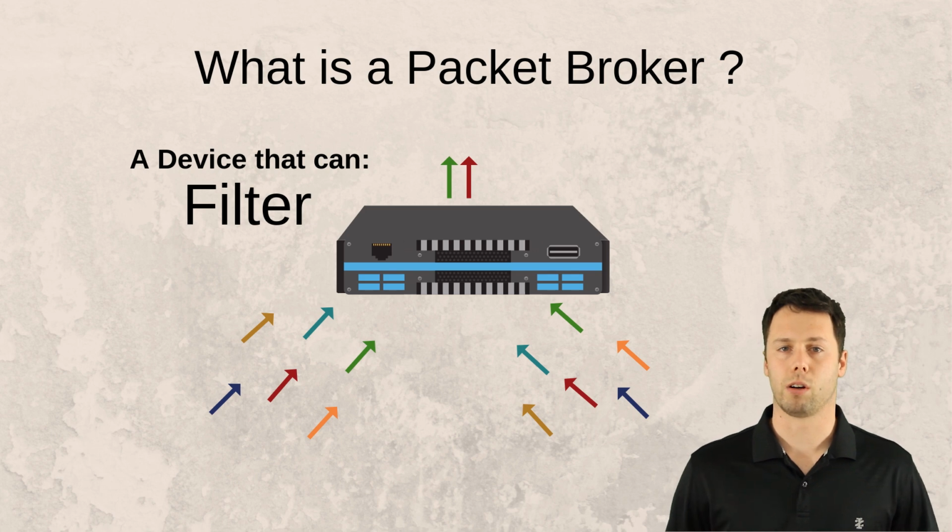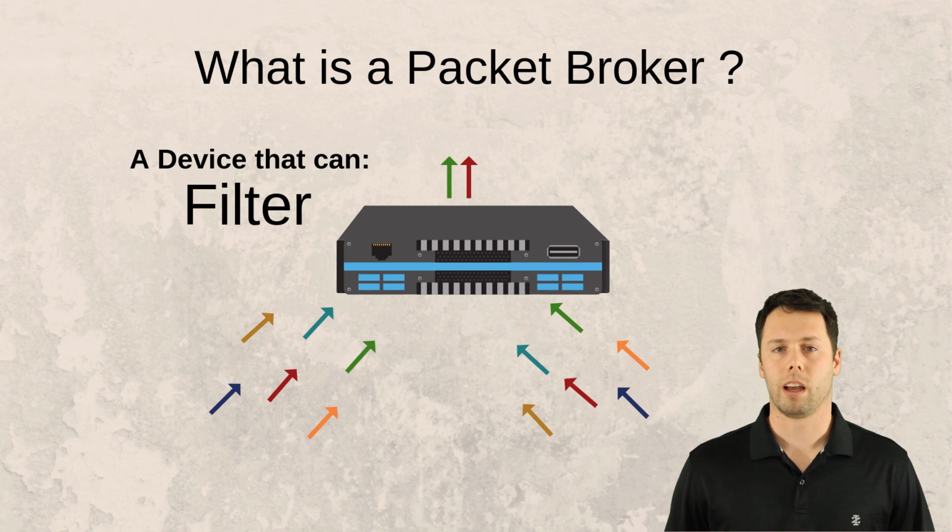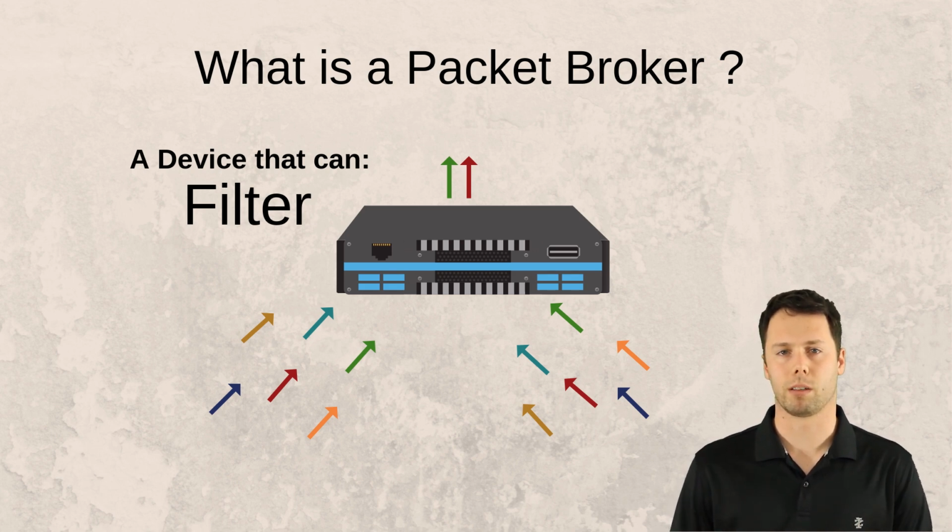These tools are often overwhelmed, so some sort of filtering needs to be applied. That's how Gigamon is able to optimize the traffic going to your security tools. It's going to filter that data and send a particular subset of this packetized data to the tools, and only to the tools that need that data. Otherwise, I can either disregard it, or I can send it to other security tools for analysis.